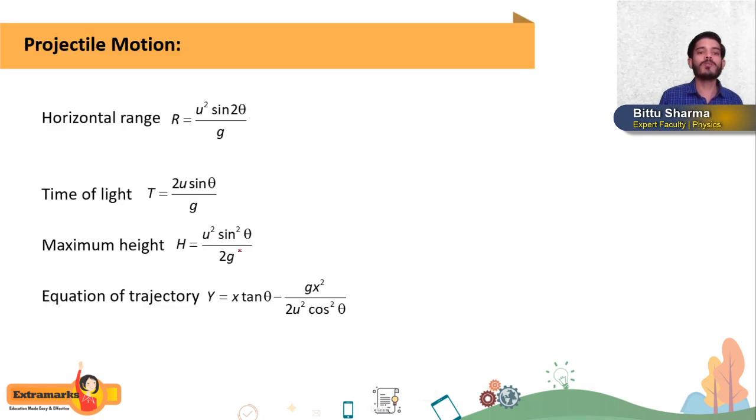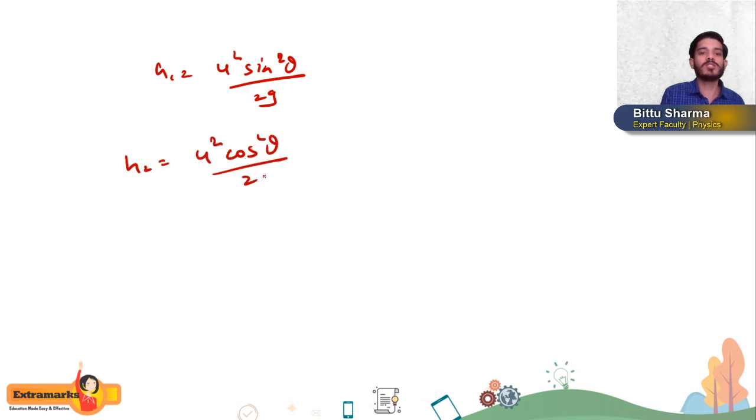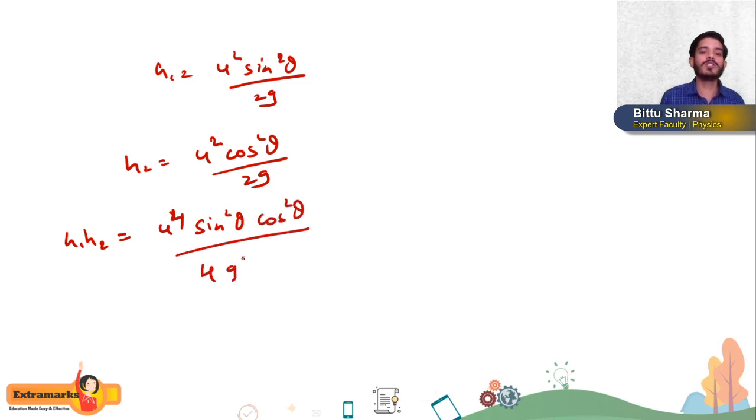The h1 formula we saw: u square sine square theta by 2g. H2 we are getting as u square cos square theta by 2g. How? If we write the value of theta as 90 minus theta. If you multiply h1 and h2, students, how much will you get? u to the power 4 sine square theta cos square theta divided by 4g square.